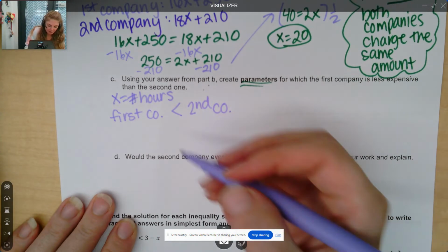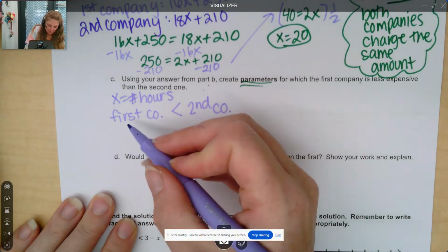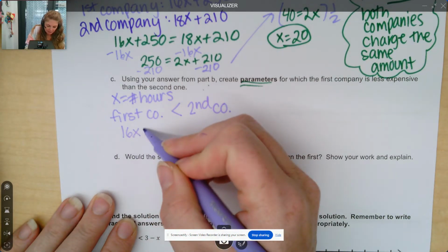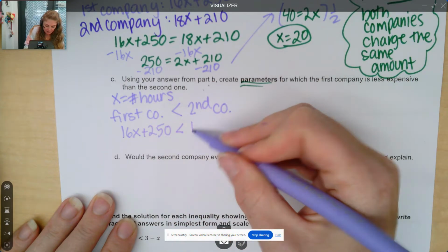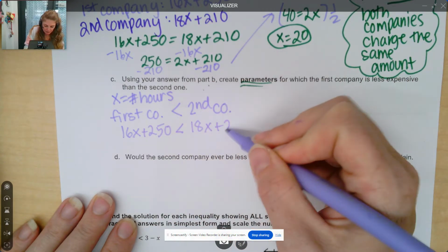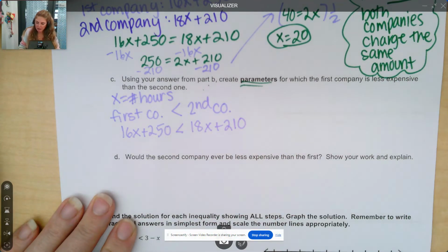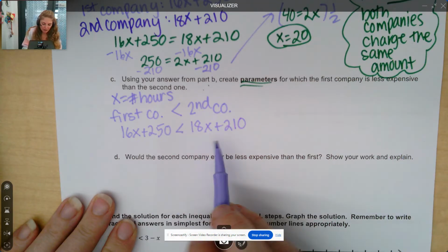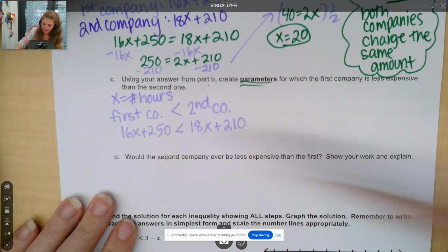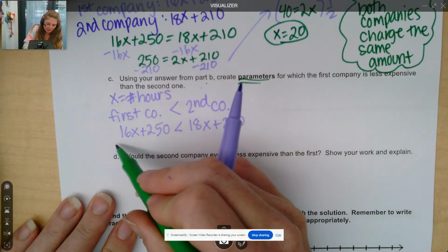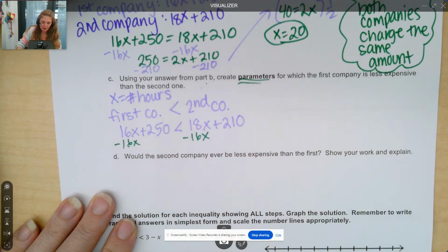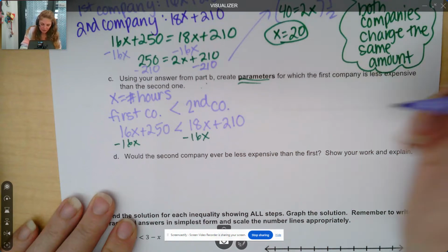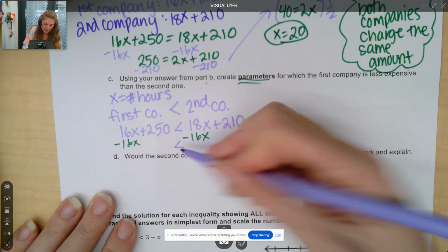So we could substitute in our expressions from before. The first company, 16x plus 250, is less than the second company, which is 18x plus 210. From here, you could isolate your variable, again thinking about bringing your variables to the same side. So you'll notice we're going to be doing the same inverse operations as we did in part B. The only difference is we have an inequality symbol now.